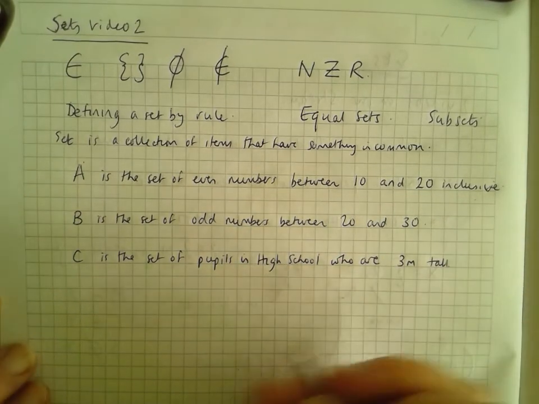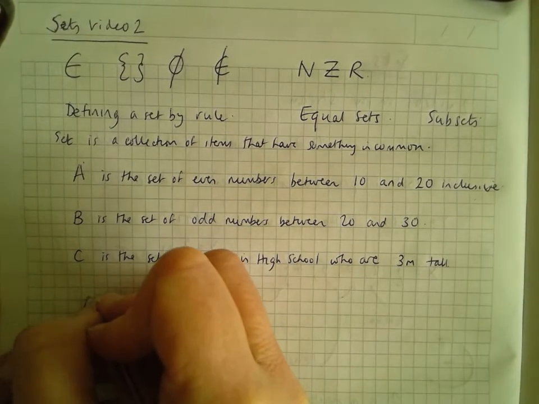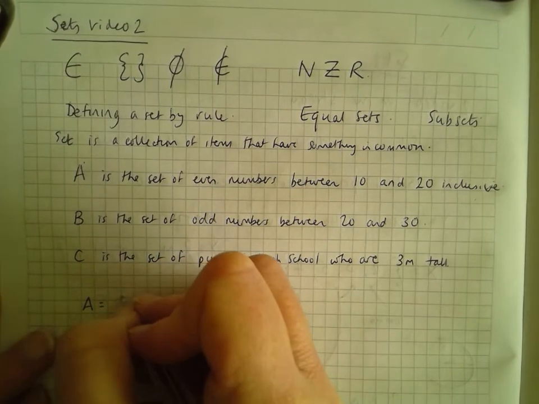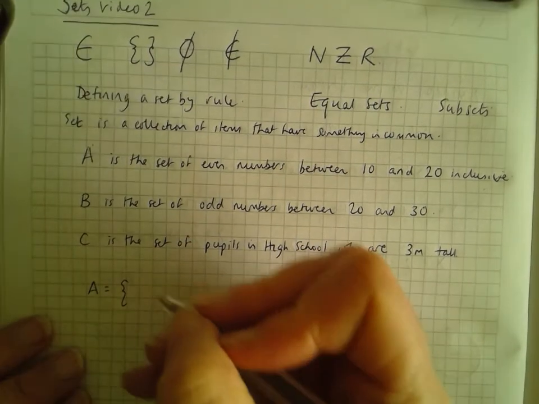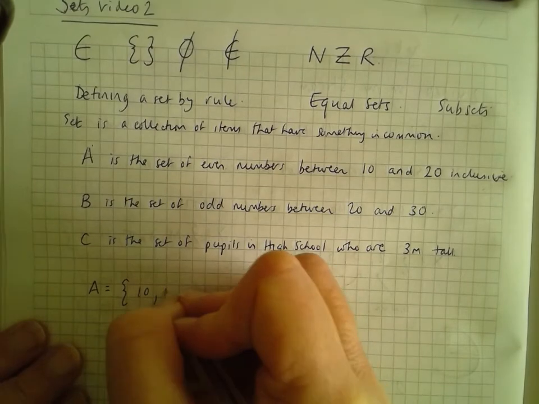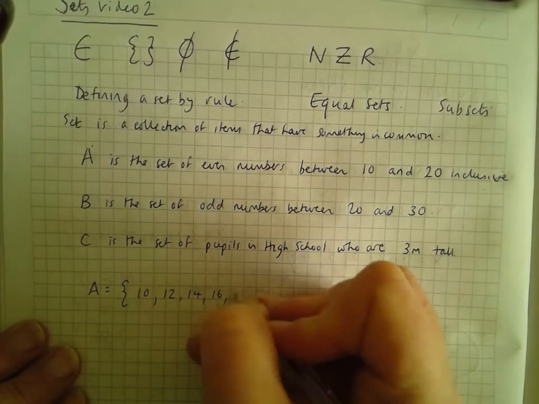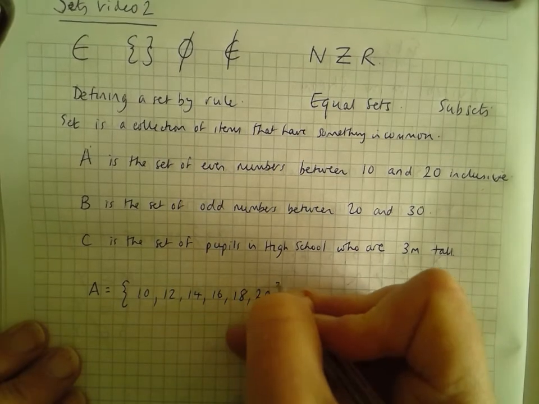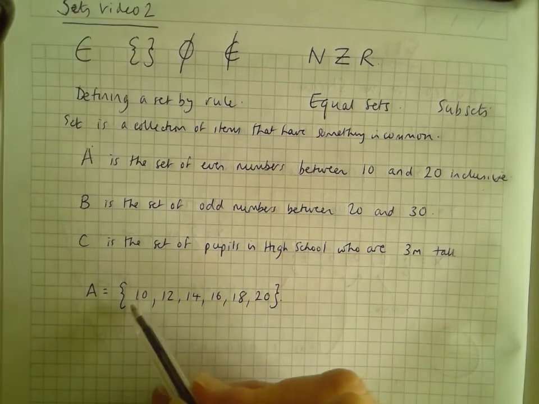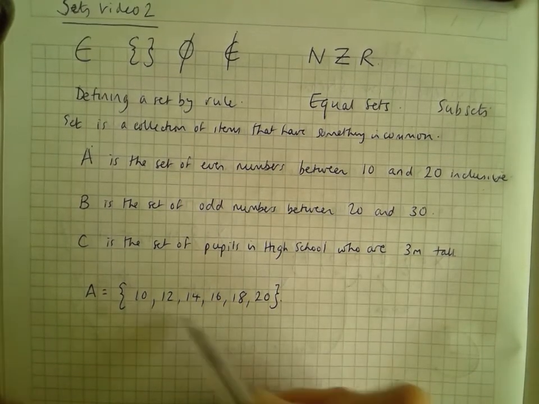If I was to list the set A, remember, I'd use curly brackets and then I'd write down all the even numbers between 10 and 20, including 10 and 20. Okay, there's set A. Remember, we write each number once and we put a comma between them and we use these curly brackets.